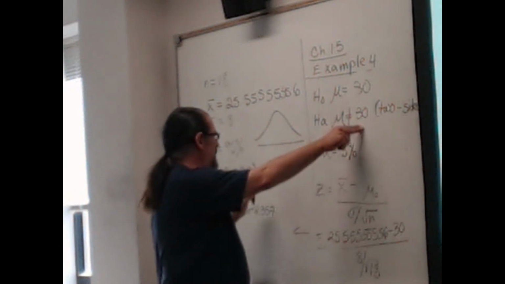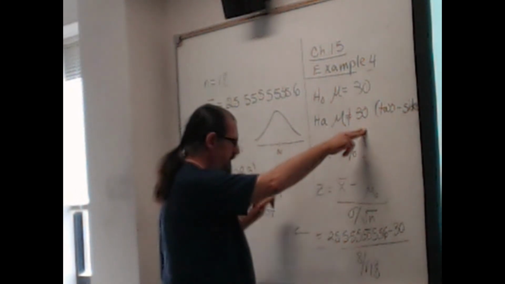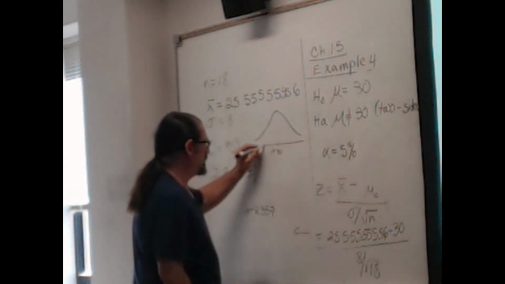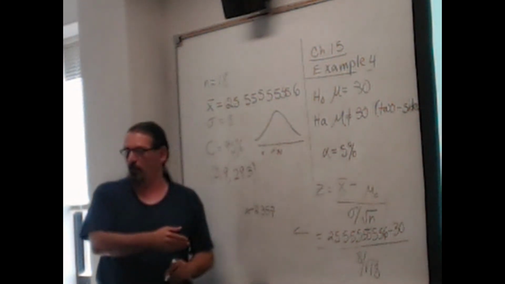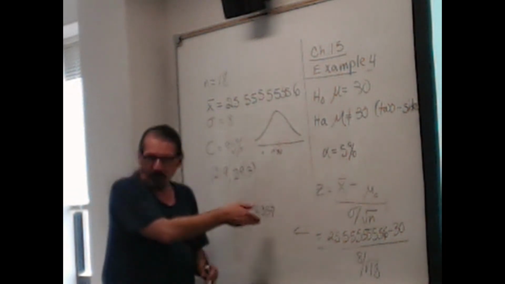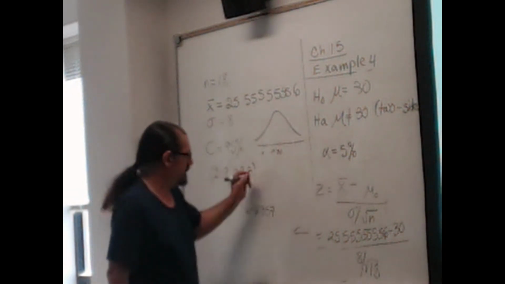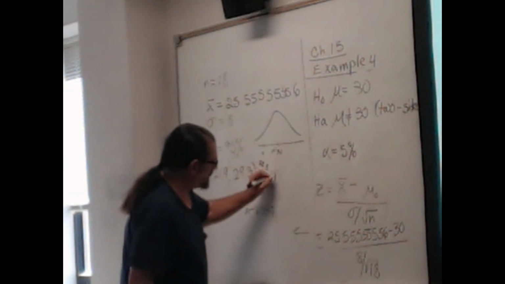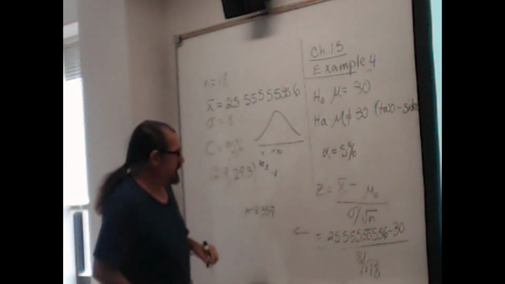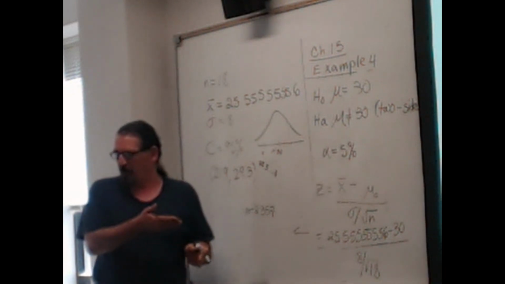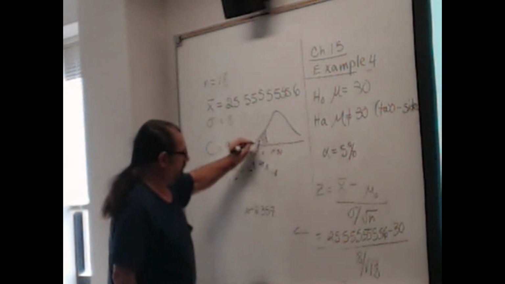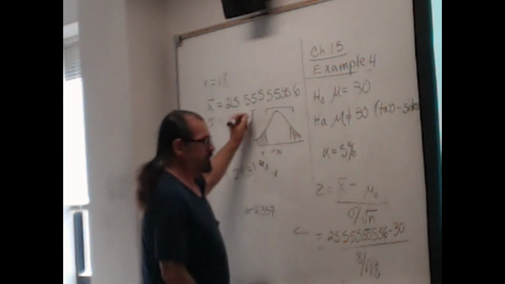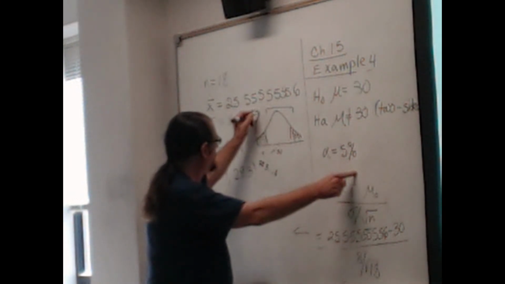So we're claiming here that mu is 30, and our x bar is below it this time, which explains why we have a negative value there. 25.5, bunches of 5s, and the 6 there. And we want to see if it's extreme enough to be in one of these tails. That would total up to, again, 5%.